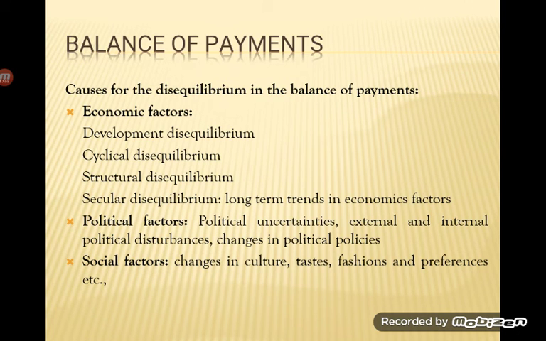Even 2020 was a remarkable year they had planned for, but it couldn't work, so they postponed it to 2025. There is a particular target set by the government which they need to achieve in order to make the economy very strong. That is what is called secular, or achieving long-term trends in economic factors.